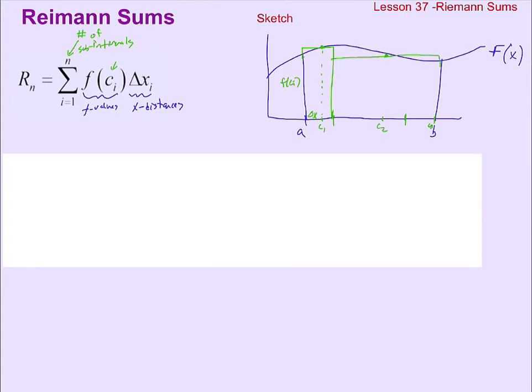I deliberately made these very different widths just to show you that the widths do not have to be the same. They can be the same. My third y value is going to come from plugging the third x value into the function. And so you can see each one of those products ends up being the area of a rectangle, because the area of a rectangle is the product of the height times the width, the y value times the x distance. That's what we call a Riemann sum.